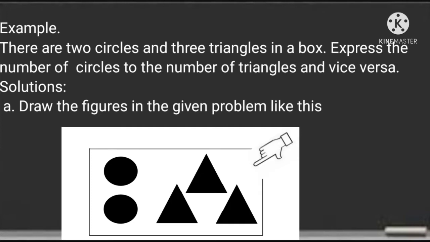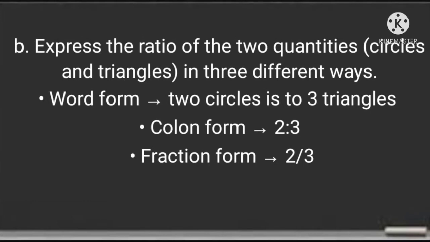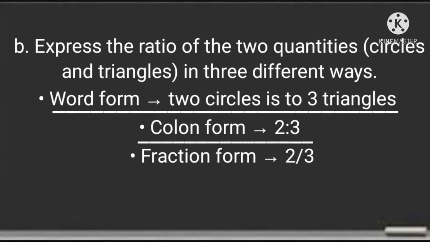Express the ratio of the two quantities, circles and triangles, in 3 different ways. So you have there for the word form, 2 circles is to 3 triangles. Column form, 2 is to 3, and fraction form, 2/3.